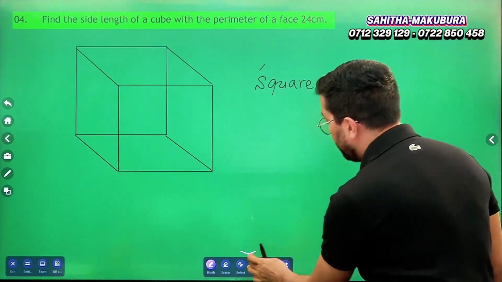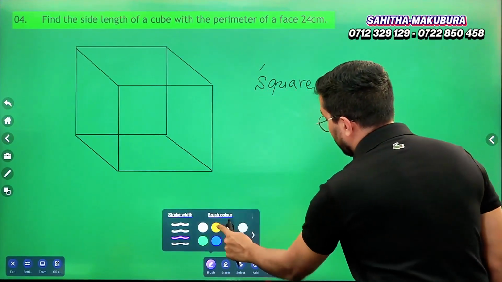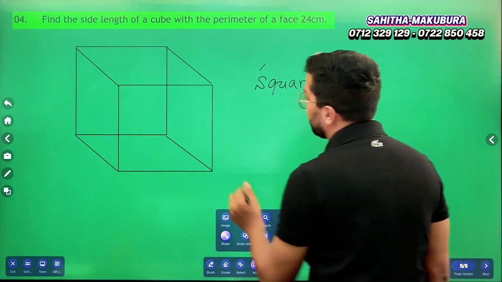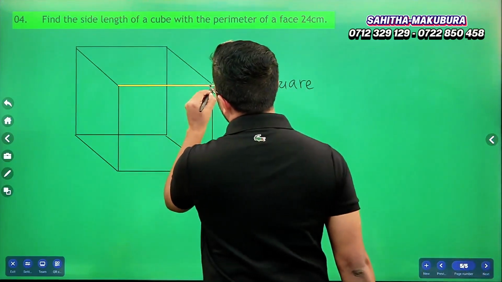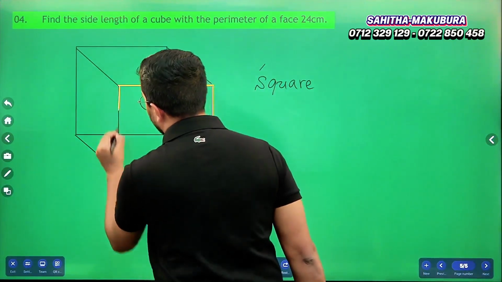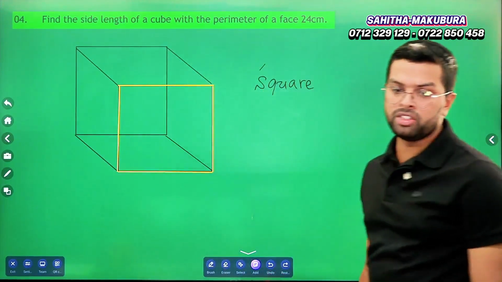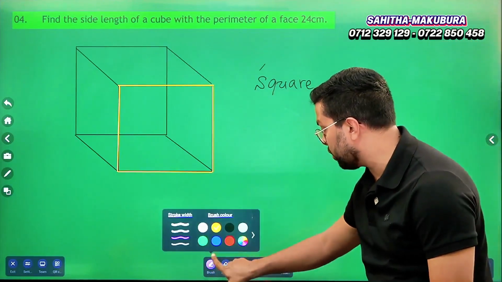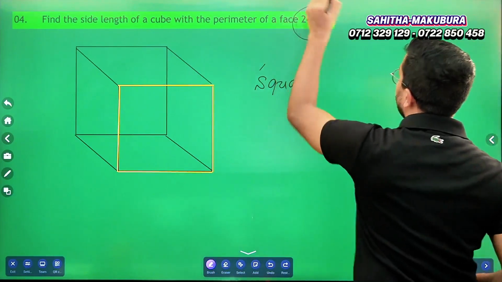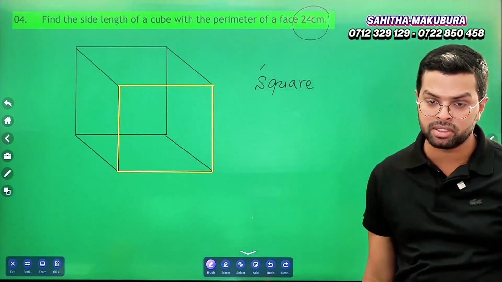Now, when you consider the perimeter of a face of this cube, let's consider the perimeter of one face of this cube. According to the question, the perimeter of a face is 24 centimeters.